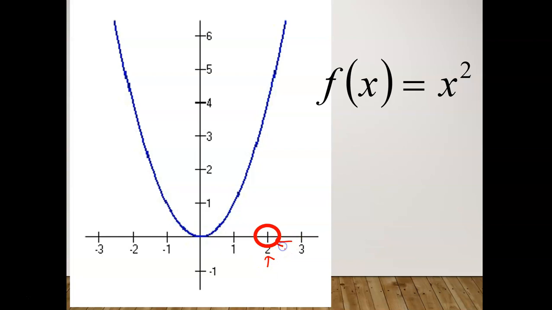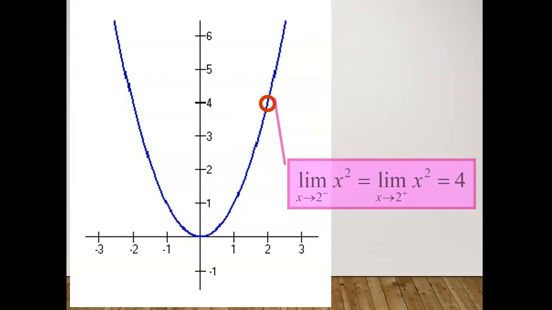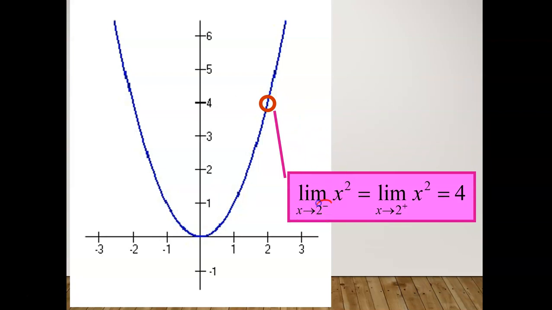So 2 positive is from the right hand side. 2 negative is from the left hand side.